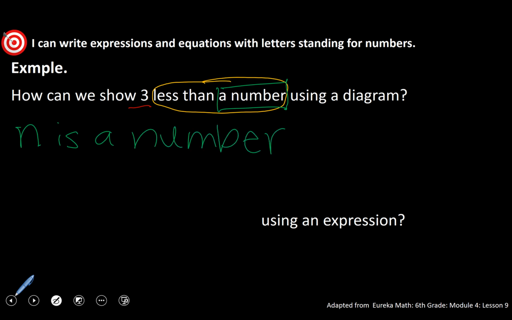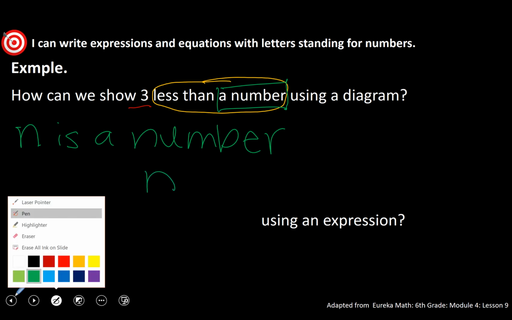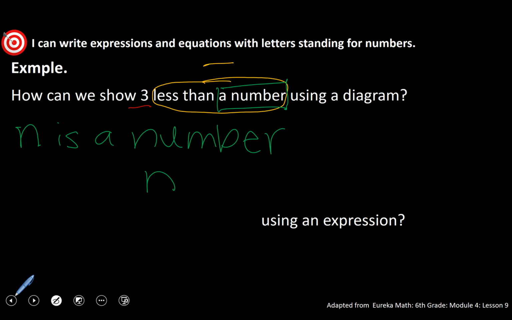Okay. And then 3 less than a number. So if we have N and we take less than, that is going to be minus. So it's minus 3 because it's 3 less than that number. Then now I'm going to be able to do that as my expression.